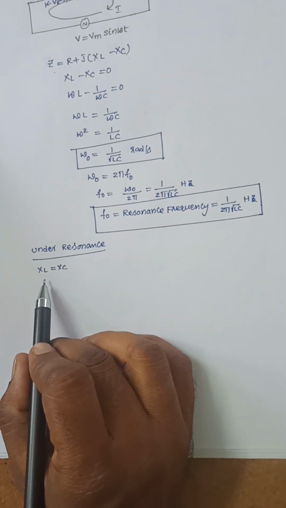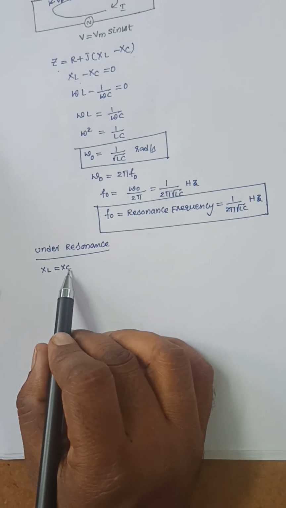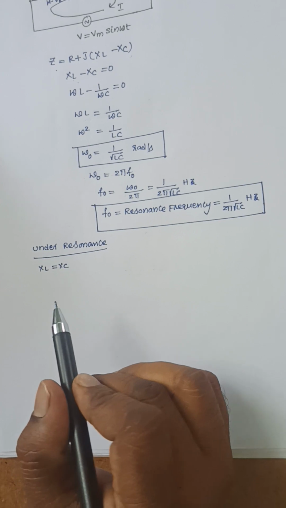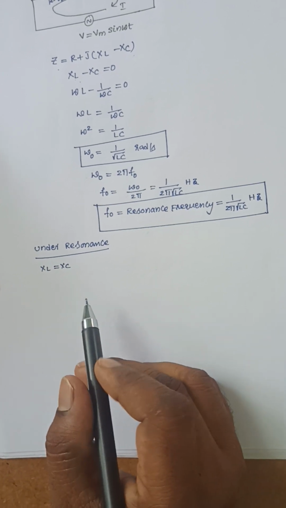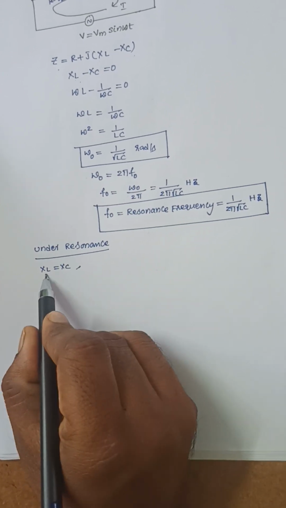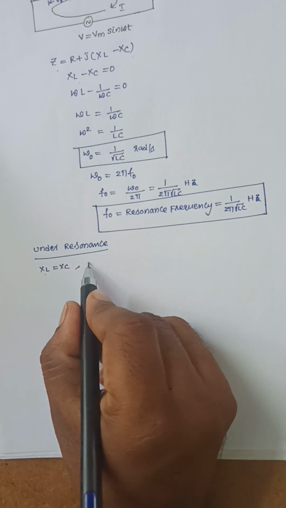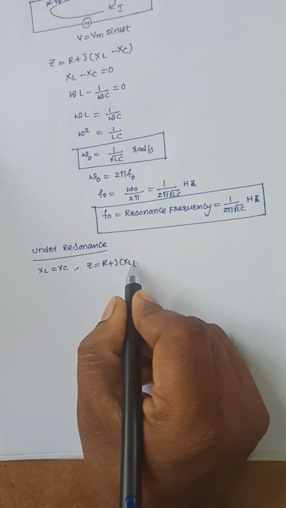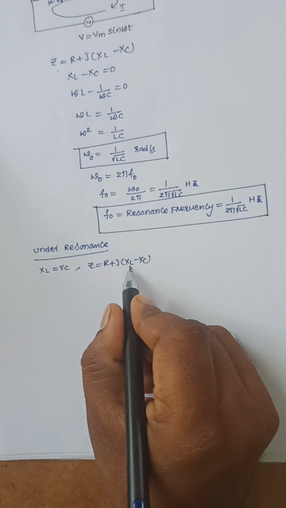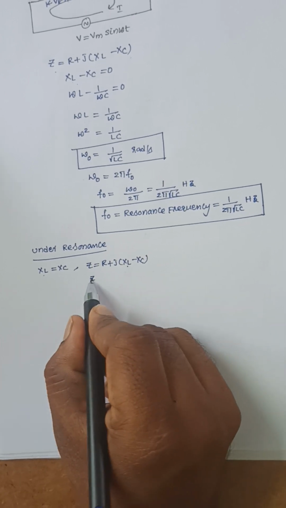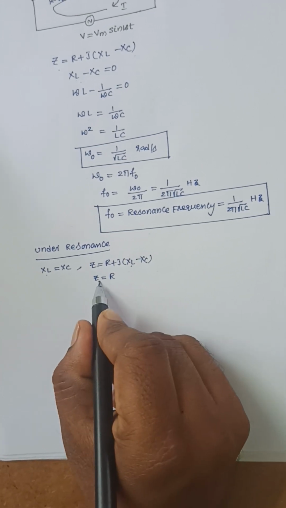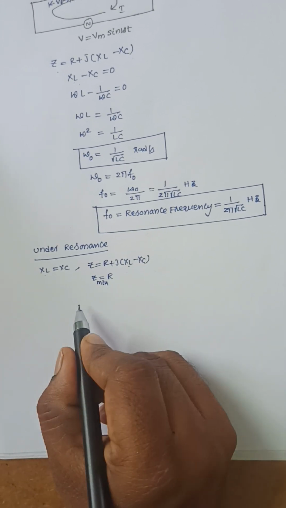If the inductive reactance equals the capacitive reactance, then there exists resonance in a series RLC circuit. Now if XL = XC, what is the impedance? Z = R + j(XL - XC), so Z = R. That means it is the minimum value of the impedance, Z minimum.